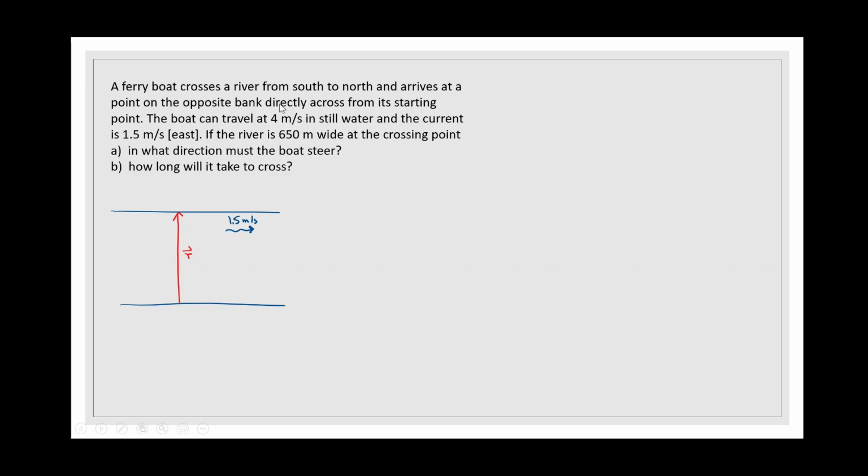That's what the question's saying. It ends up directly across. So because the current has been pushing the boat east, that means the boat was actually steering slightly west or slightly upstream. Then the current pushed it over so that in the end it actually ends up going straight up or straight north.